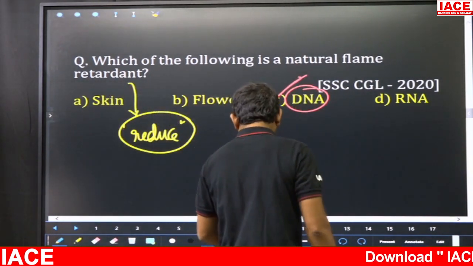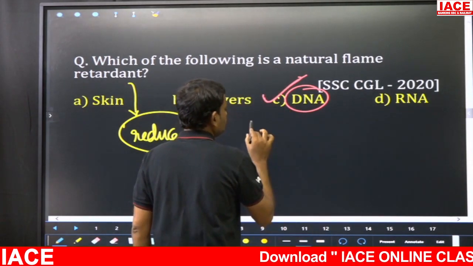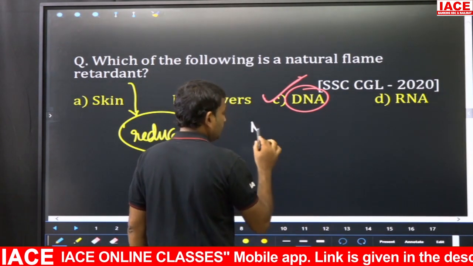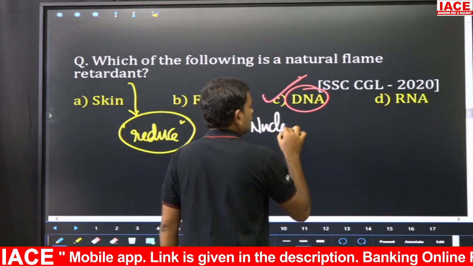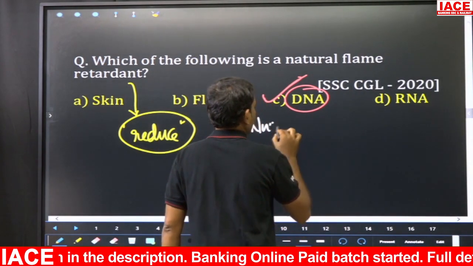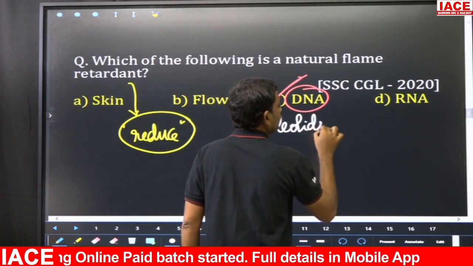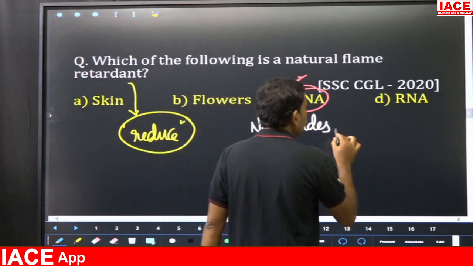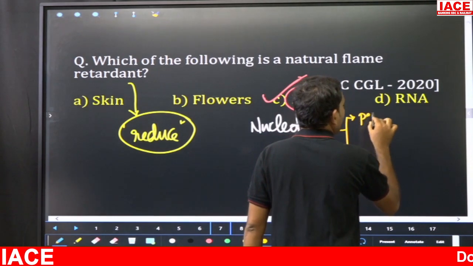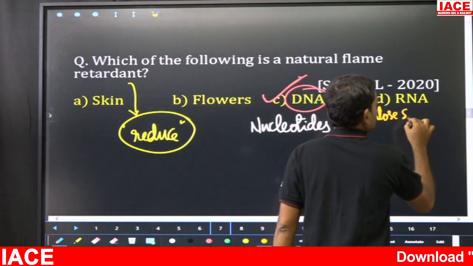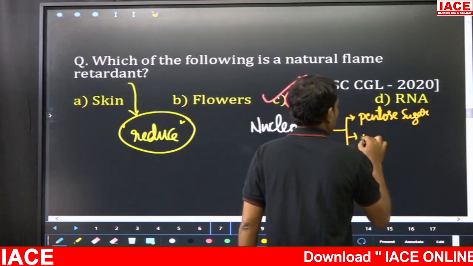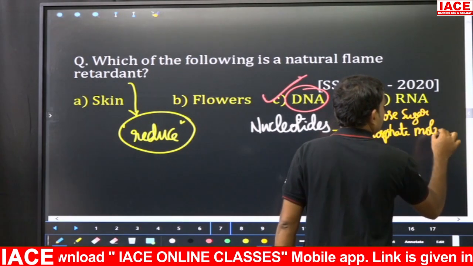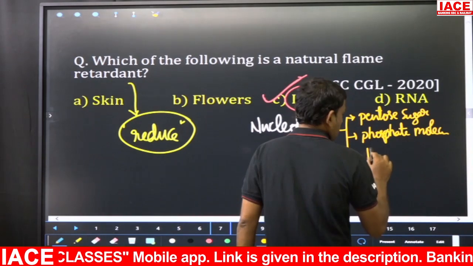If you take the structure of DNA, the DNA contains nitrogen bases. Basically, the DNA is made up of nucleotides. These nucleotides are generally made up of a pentose sugar and a phosphate molecule, then nitrogen bases.